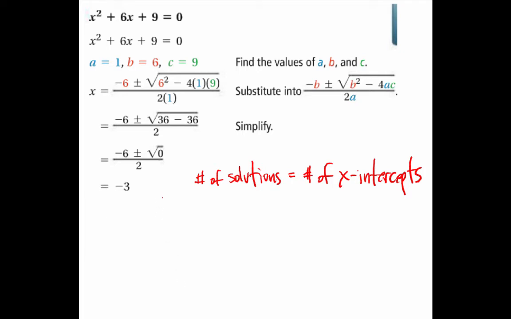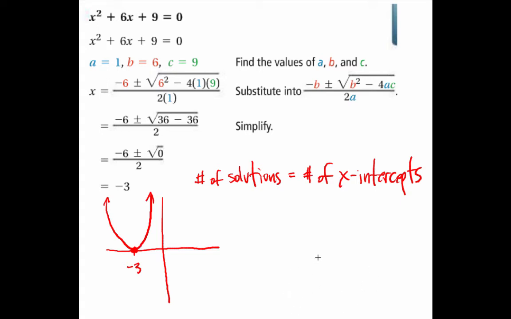And so this is going to be a case where this parabola, here's -3, this parabola is going to come down and hit the x-axis and then go right back up, something like that. It's going to have one point that's on the parabola and on the x-axis. Okay, it's not going to come down through the x-axis. It's just going to come down and touch the x-axis and go back up. So its vertex is on the x-axis, and that's the only solution that we have.